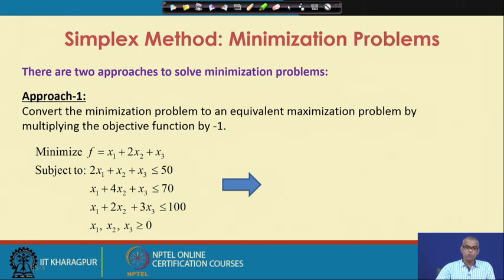There are two approaches to solve a linear programming problem, that is a minimization problem. First approach is straightforward. You can convert the minimization problem to an equivalent maximization problem by multiplying the objective function by -1.